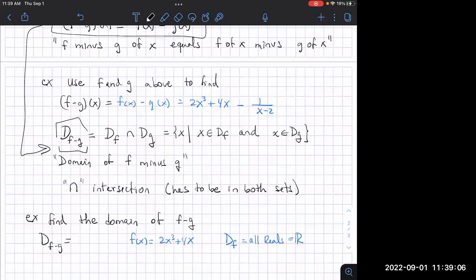I have to be able to calculate F of X. I have to be able to calculate G of X. If I cannot calculate one of those, then it cannot be in the domain. And the intersection always goes with the and. The and means it has to be here and here at the same time. Okay, so those are technical terms, yes.